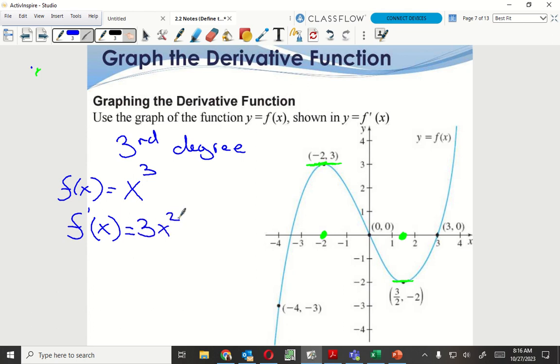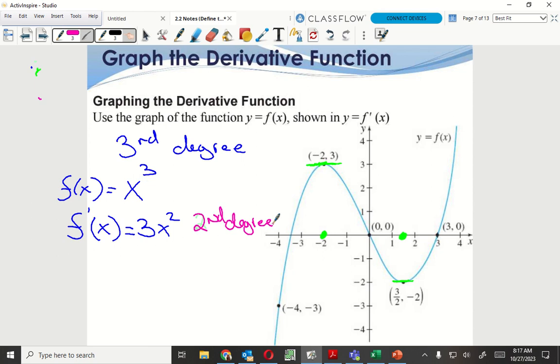So the degree would be, it's a second degree. That's important. So my derivative is going to be a second degree. So what shape is that supposed to be? Parabola. That's going to be a parabola, right?